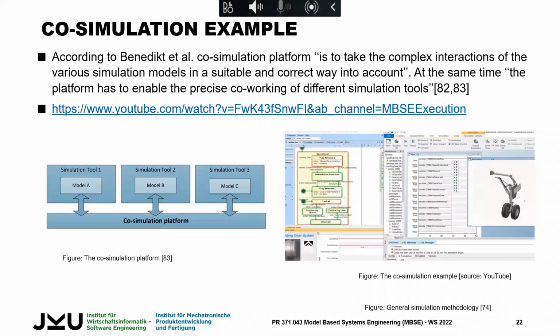And this is actually the last one, but I will not take this post-simulation. Post-simulation is very important for model-based systems engineering, because you see, we have so many 1D, 2D, 3D, static, dynamic, so many types of simulation, right?